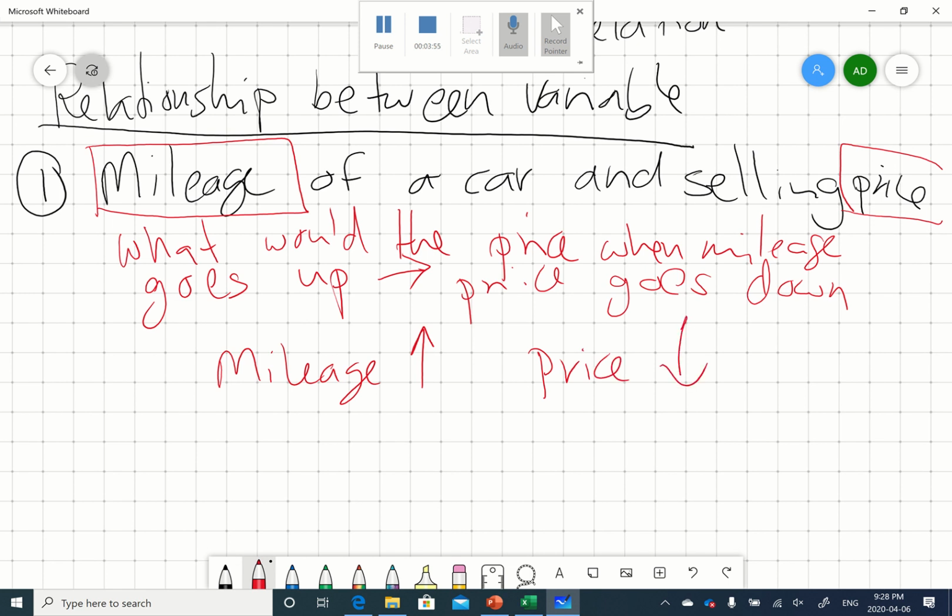You have a negative association between these two variables. If you look into prices of cars for a certain brand, you would definitely see that as the mileage goes up, the selling price tends to go down. So by general knowledge, without applying anything, you know there is a negative association, right?